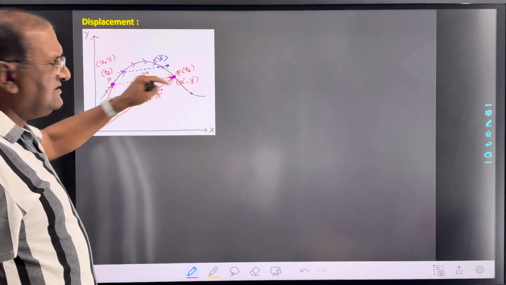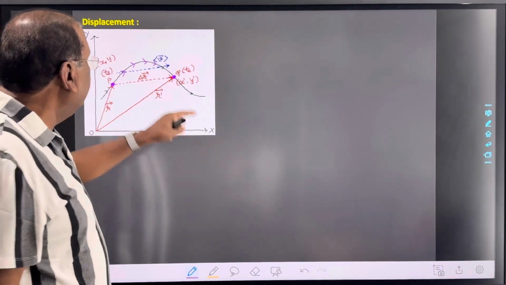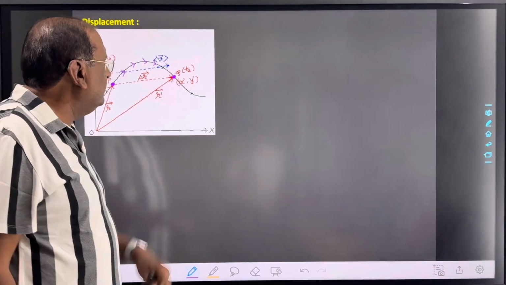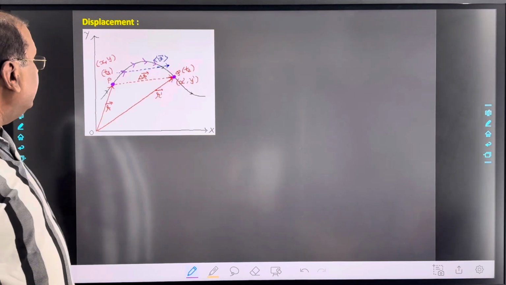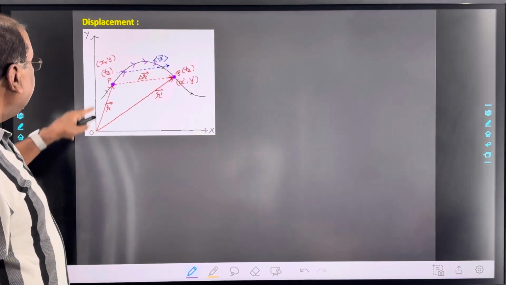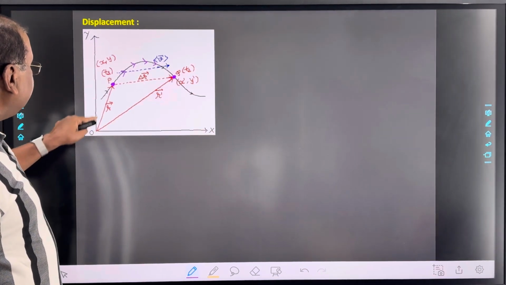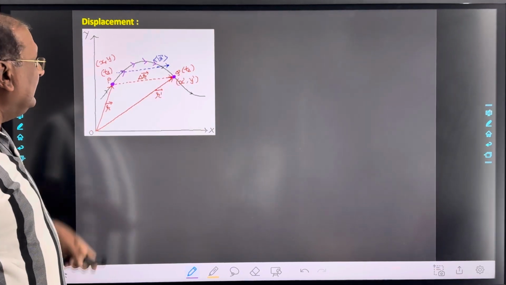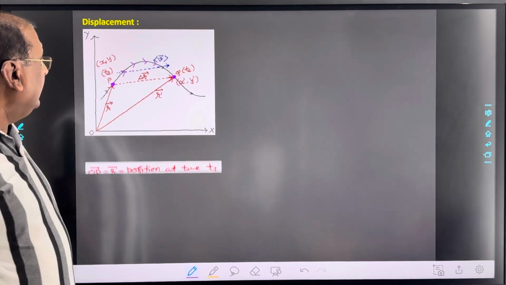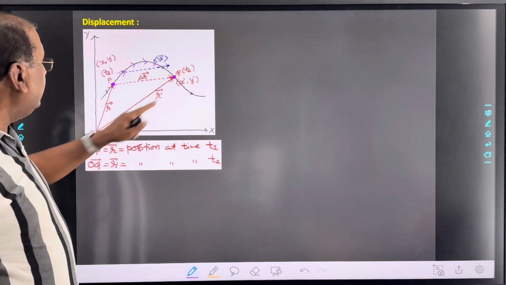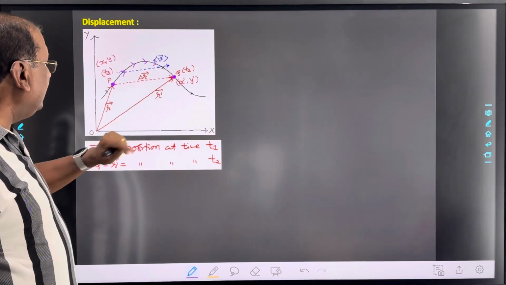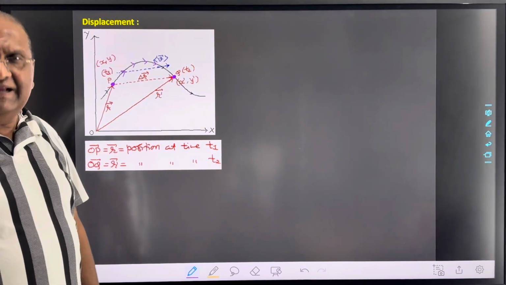Suppose for this particular position Q, the coordinates are x dash, y dash. Now here we can say this thing: at time t1 the position vector of the particle is r, and at time t2 the position vector of the particle is r dash.